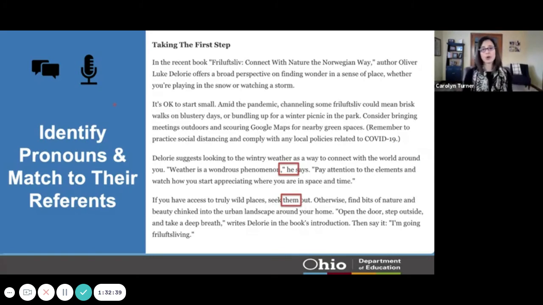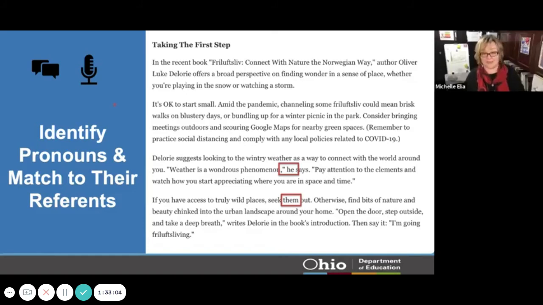So identify the pronouns. Michelle's brought up some animations to help us. Now, think about the referent. What does that pronoun replace? What's the noun that it refers back to? And when you find it, think about where it is in relation to the pronoun.